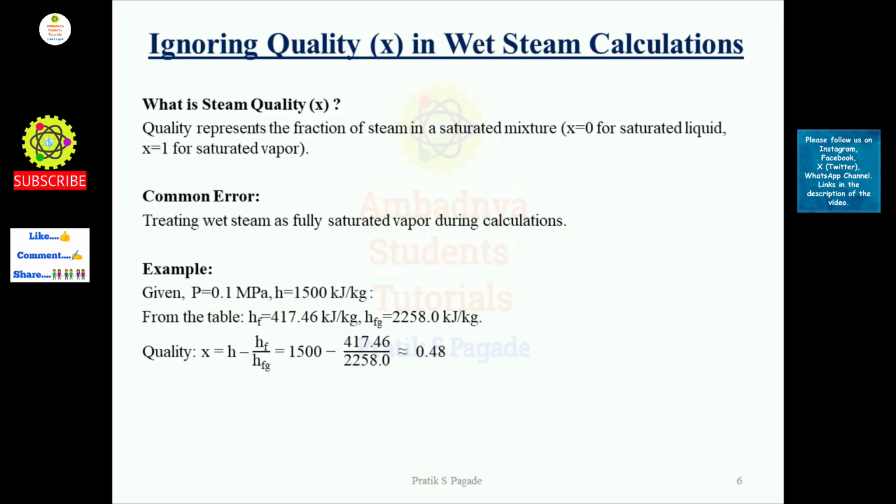From that we can calculate x, put in the values, and we got the steam quality x in this case as 0.48. So to avoid these common mistakes with wet steam, we use the formula h equal to hf plus x hfg.